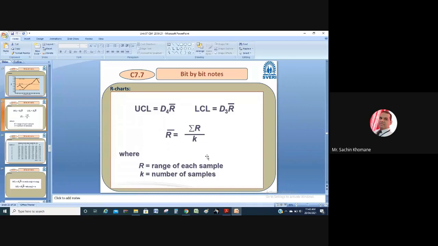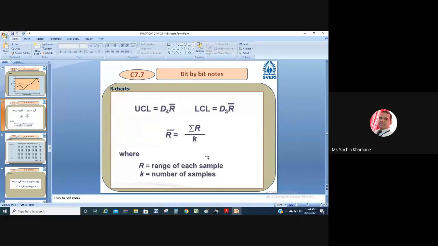The R bar, or center line, is the same for the R chart also. Only the UCL and LCL change here, so they have given different formulas. The UCL is D4 times R bar, and the LCL is D3 times R bar.